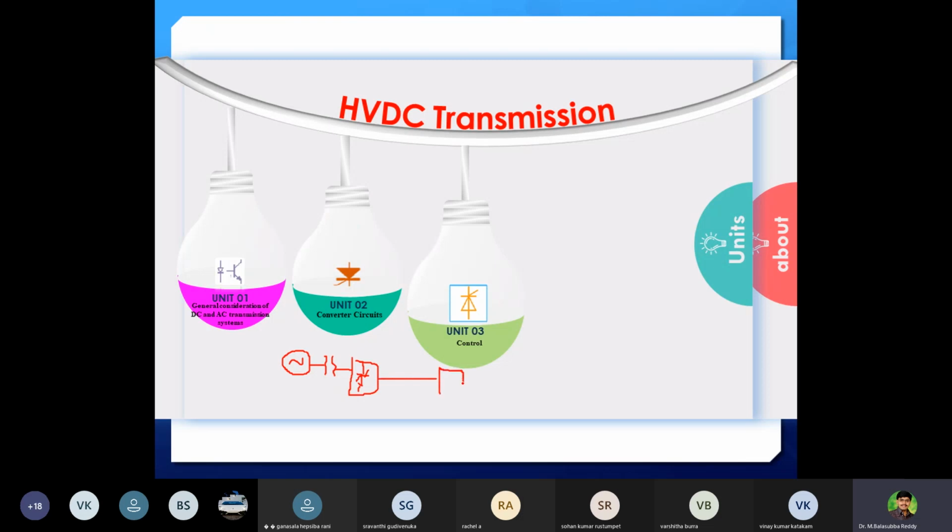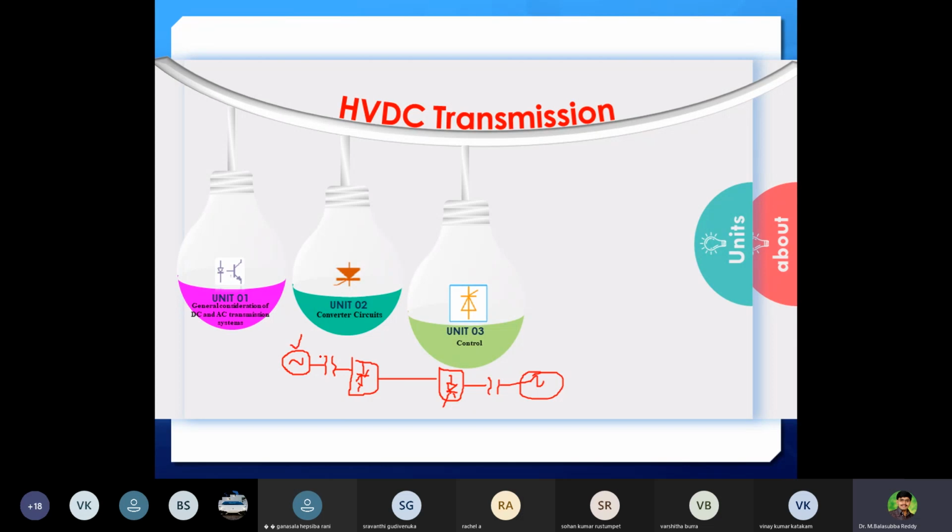Then we use an inverter station, which converts DC to AC, and again we use a transformer, and it goes to the final load side. So this is the general scenario, just as a block diagram.